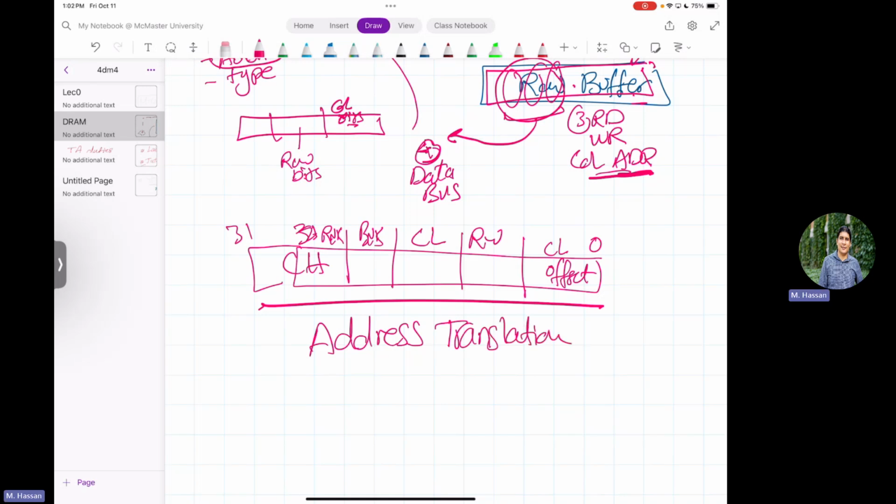Remember, we had a similar address translation needed for the cache. We take the 32-bit address and need to determine the offset, the tag, and the index for the cache level, right? So the same exact address traverses the memory hierarchy and goes through multiple levels of translations. It's an interesting topic: how do different translations align together?